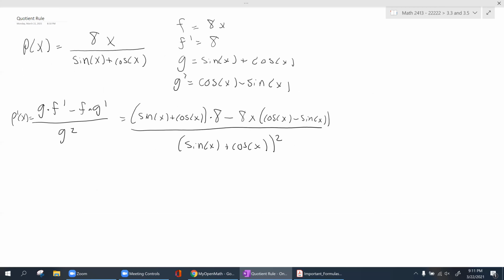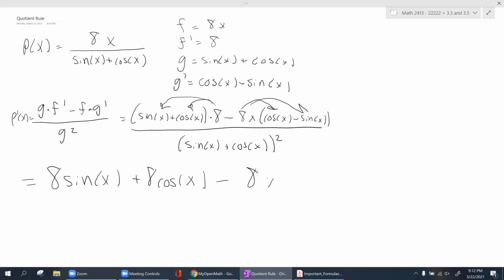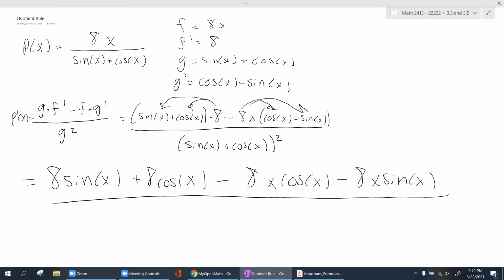Cleaning up the top, I'm going to go ahead and distribute this into there, then this to here, this into here. This should give me 8 sine of x plus 8 cosine of x minus 8x cosine of x minus 8x sine of x, all over sine of x plus cosine of x squared.